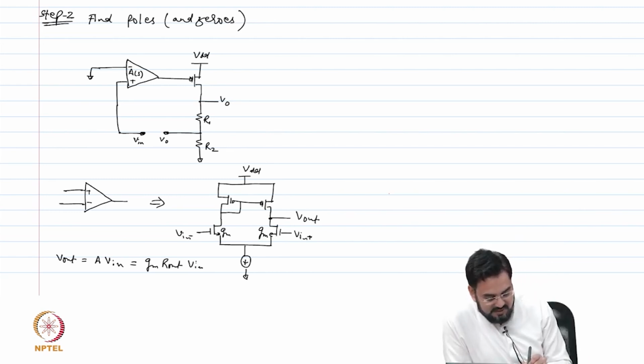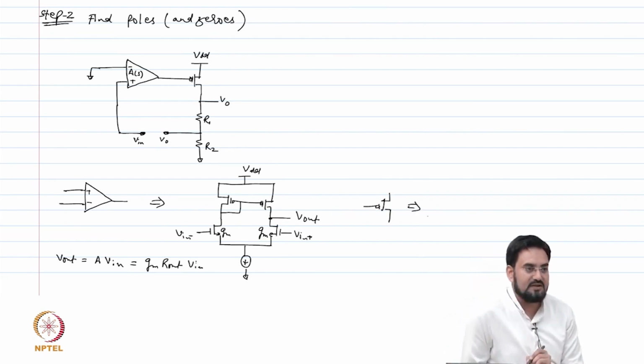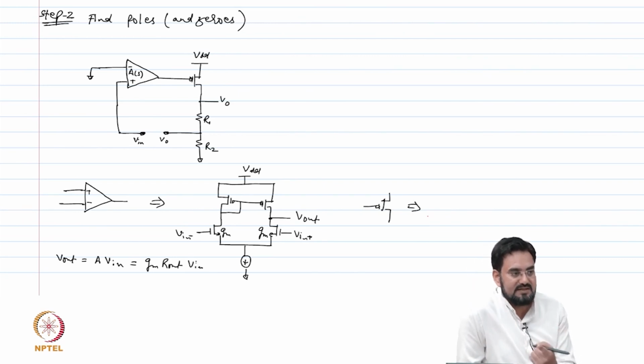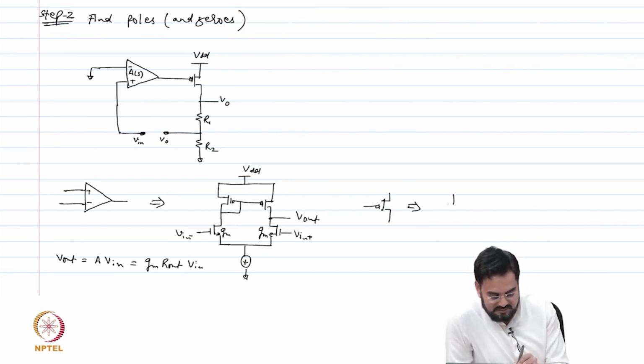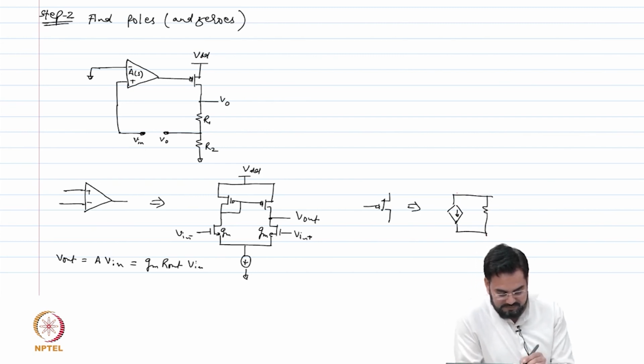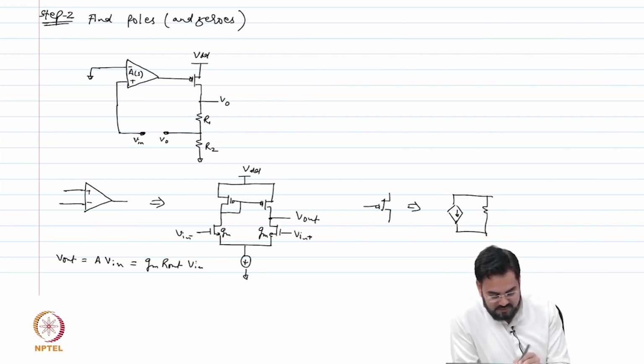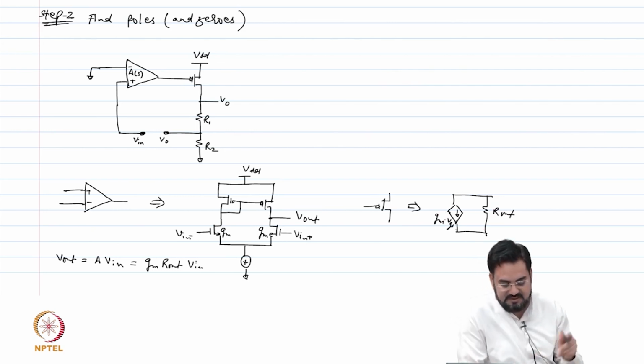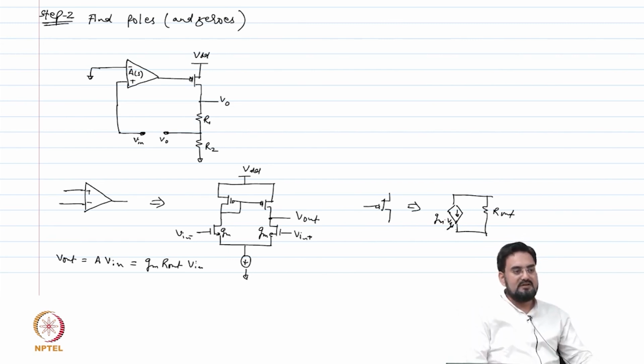Any transistor, this PMOS, can be represented as a voltage controlled current source and a resistor. So, this is your R out, and the current source is defined as GM multiplied by VGS, which is the gate to source voltage of your transistor.